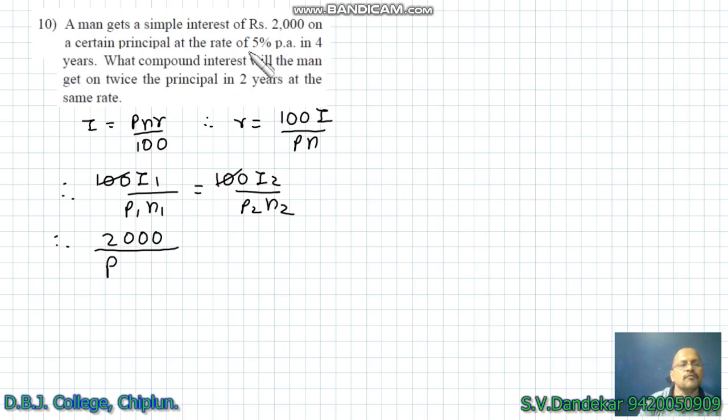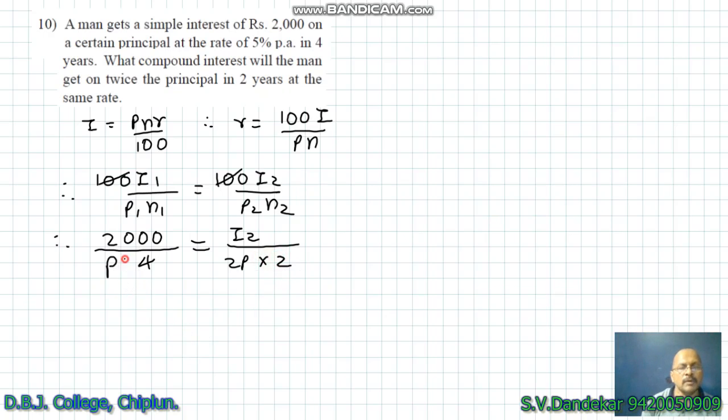Consider 4 years, so into 4 is equal to, what would be the interest I2? I want I2. The man gets twice the principal, so here P2 is equal to twice P, in 2 years, so N2 is 2.